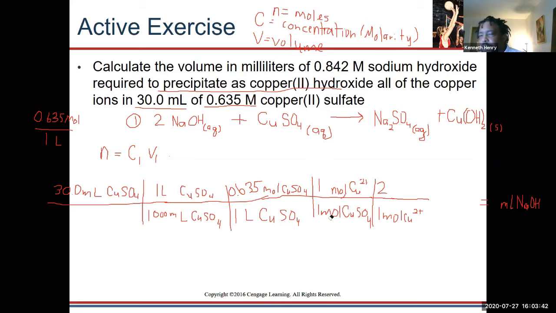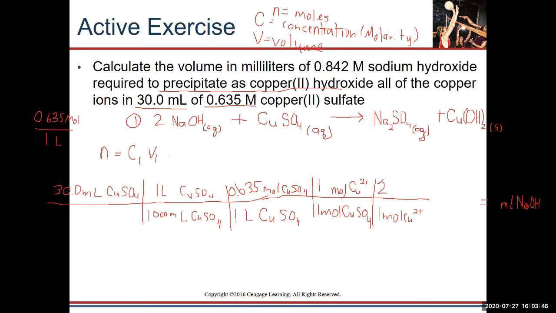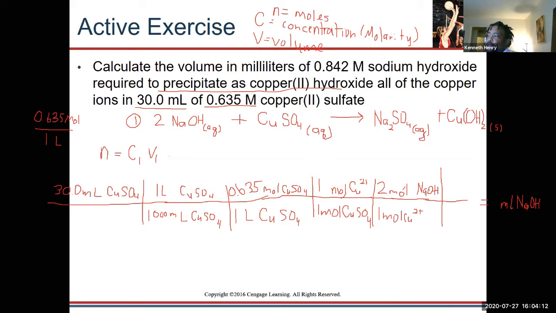So literally I could have just kept it the same right there, and I'll show you why it may be different. Okay, so then that's going to give me my moles of sodium hydroxide.